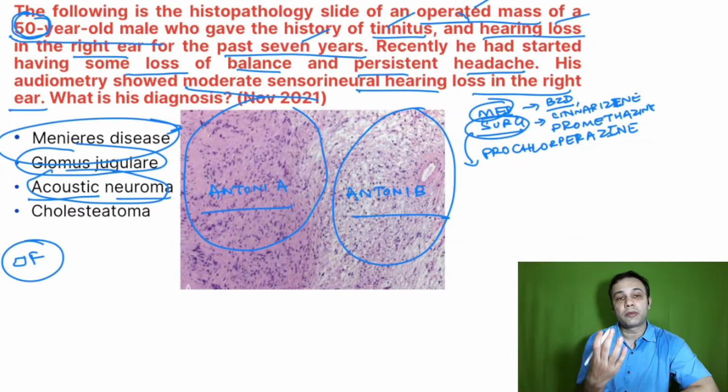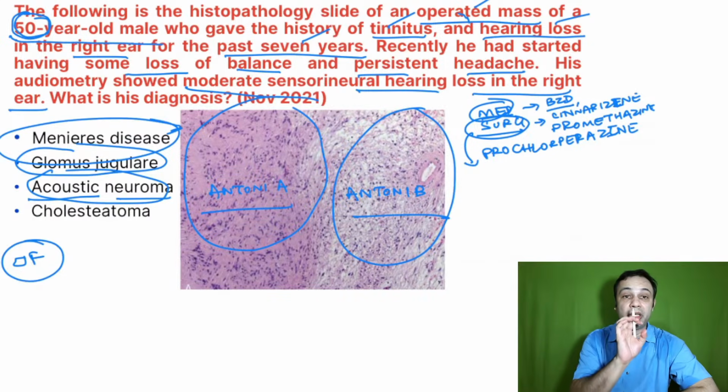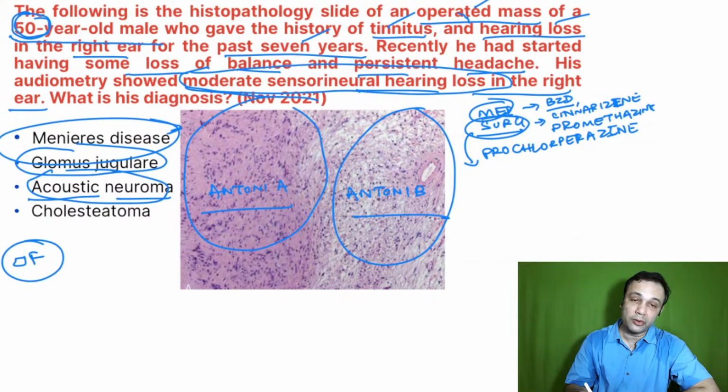From the jugular foramen, it comes to the middle ear, and then it can erode various structures. So it starts off with a conductive hearing loss, and then it can go on to a mixed hearing loss. Here the audiometric finding is moderate, pure sensory neural hearing loss. When you look at it, you're looking at a vestibular schwannoma.